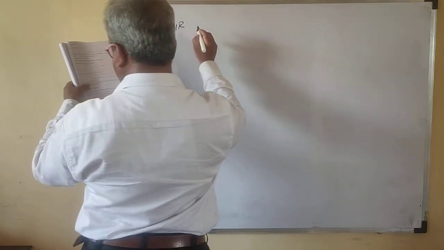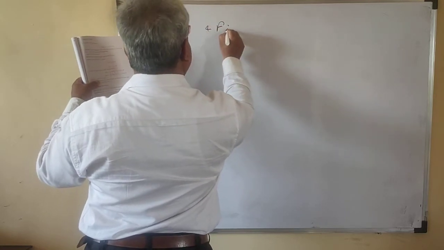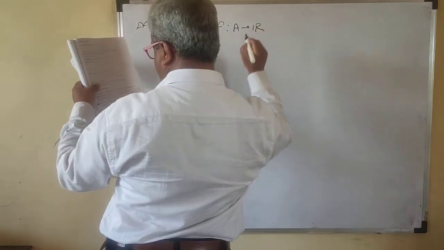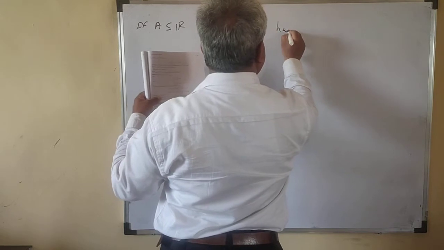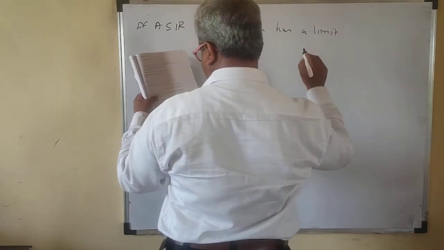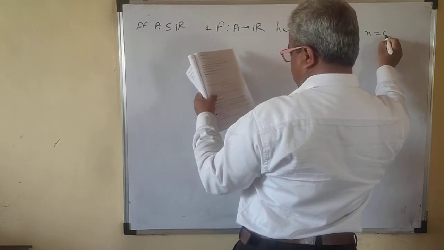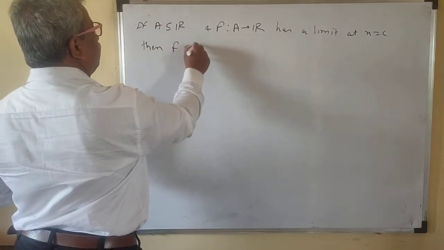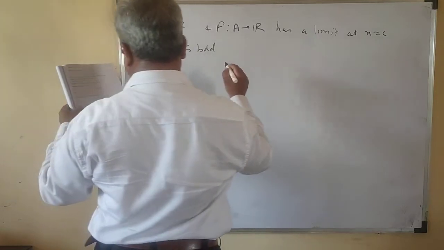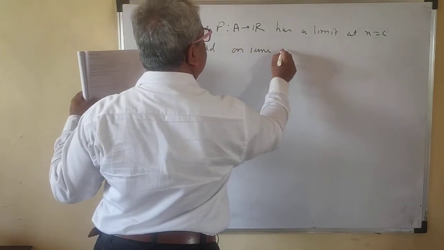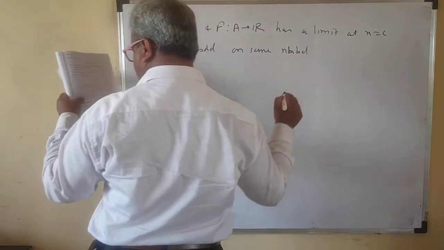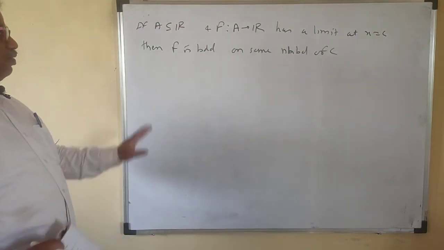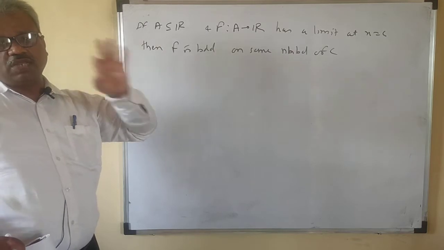If A is a subset of R, and f from A to R has a limit at x equal to C, then f is bounded on some neighborhood of C. So that means, if a limit exists, then in the neighborhood of C, the function is always bounded.